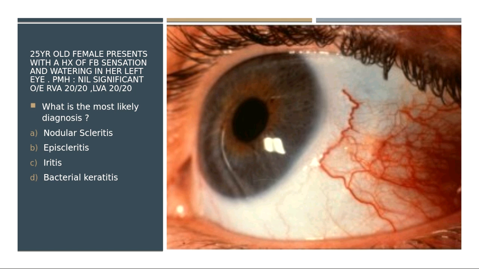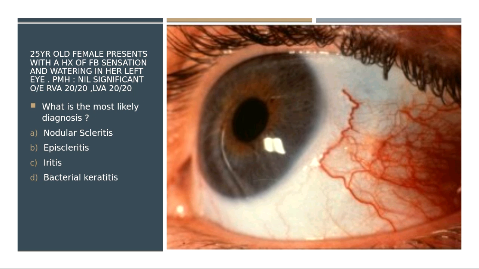For the perforation, sometimes what we have to do is use what we call scleral autografts to close the perforation to try and preserve the eye. So it's not an uncommon disease.